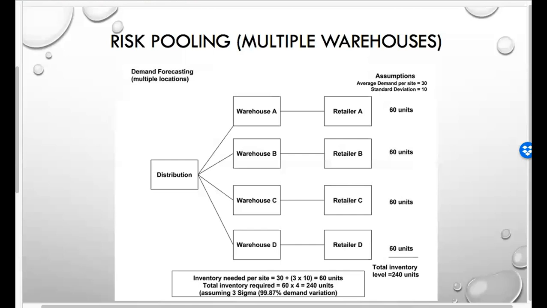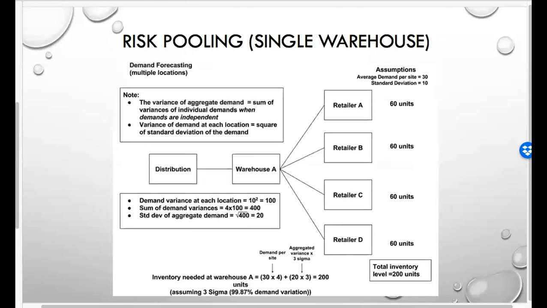So now let's say we're able to aggregate all of these sites to one warehouse. And this is important for the assignment for this week. If we aggregate all of the demand to one warehouse, what this does is we're able to aggregate the variance across all 4 sites.